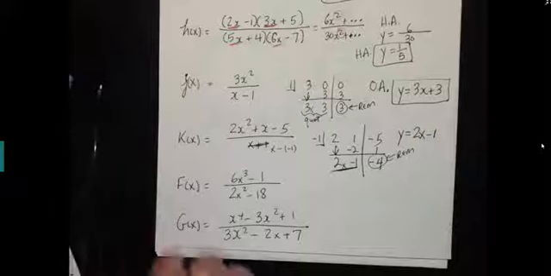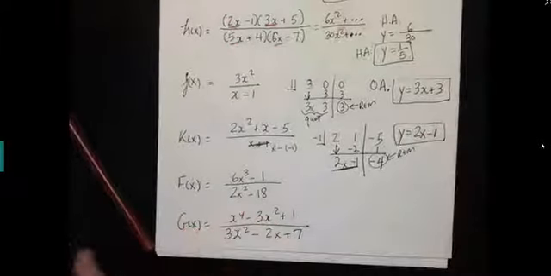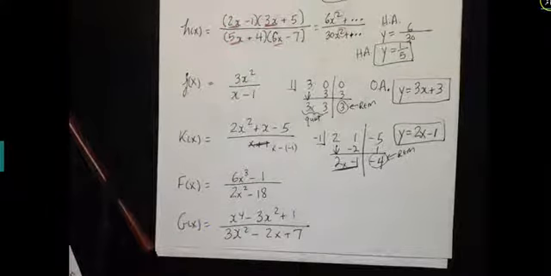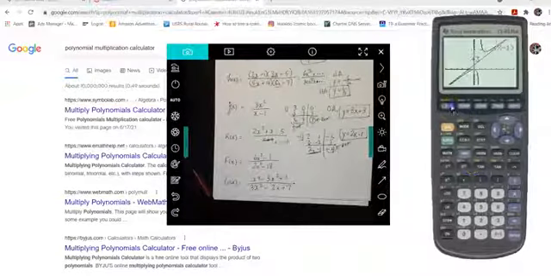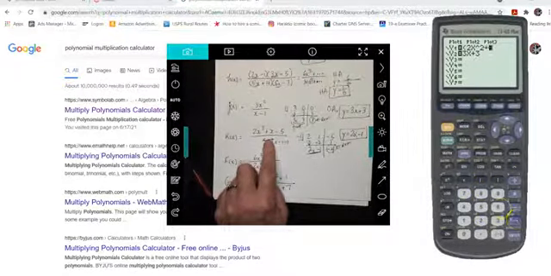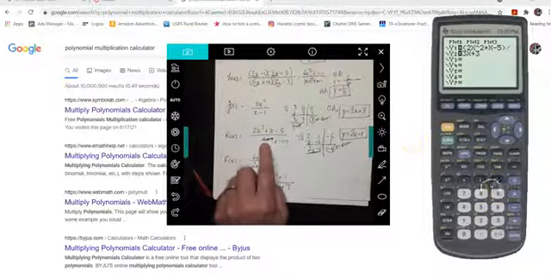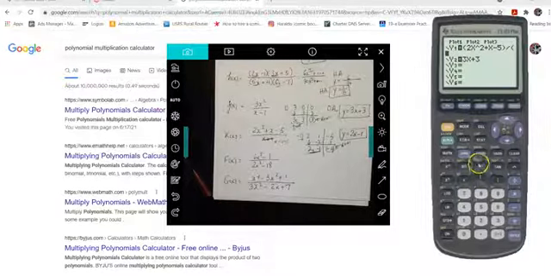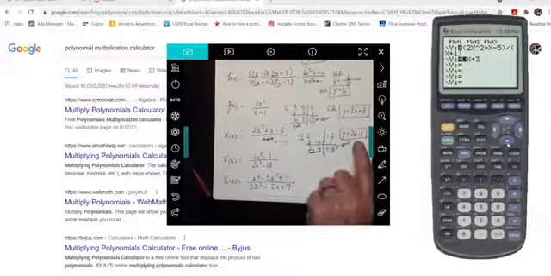And again, if I wanted to check that, I can look at it in the graphing calculator. Come back here. And I want 2x squared plus x minus 5 divided by the original x plus 1, but just make sure you put it inside parentheses. And then I said that the oblique asymptote was y equals 2x minus 1.